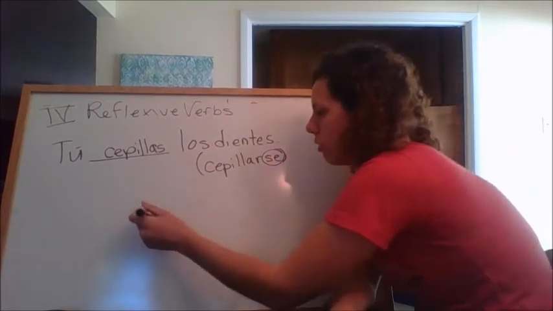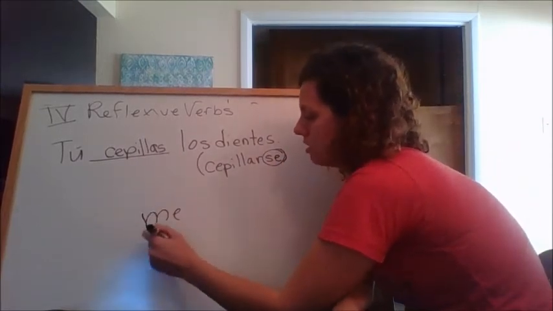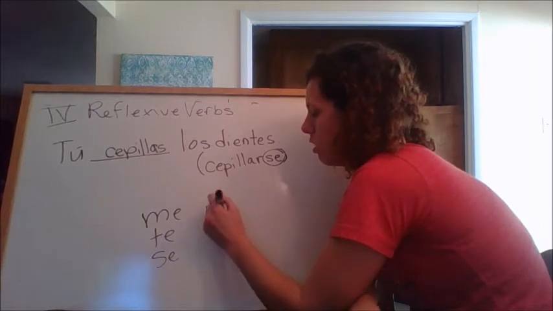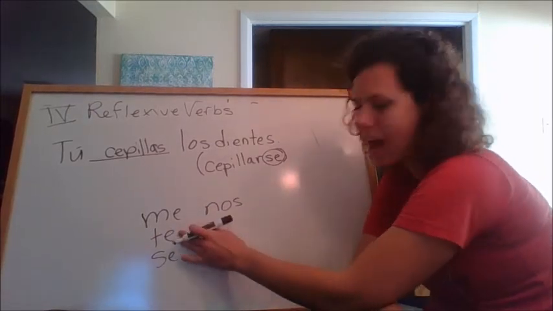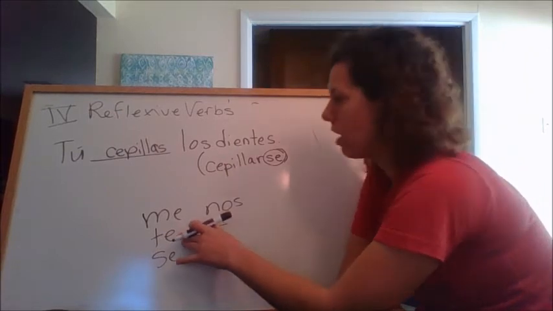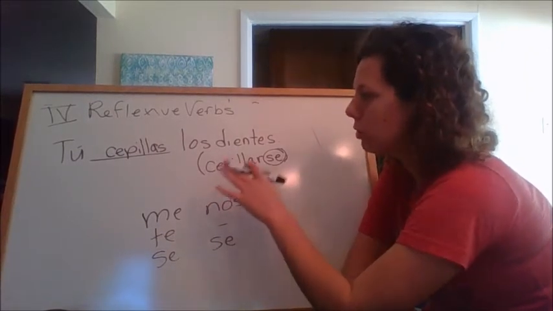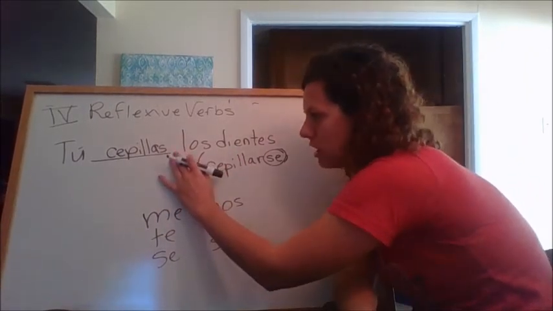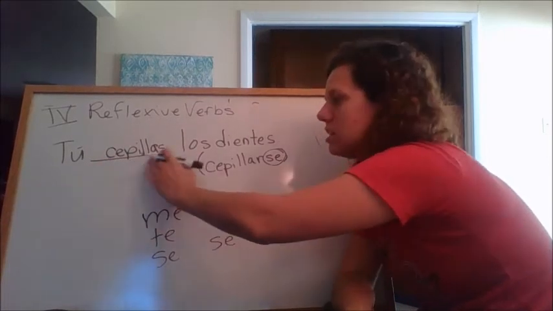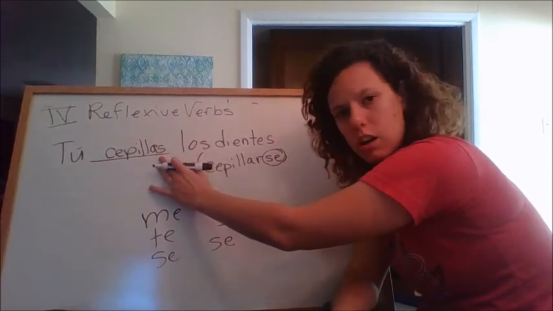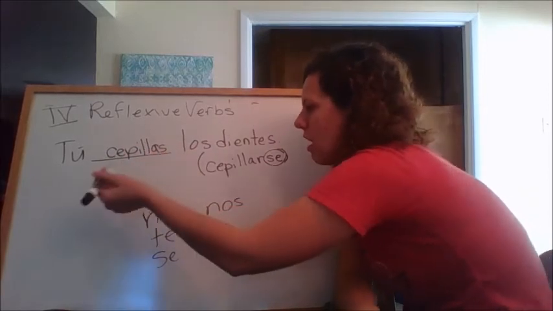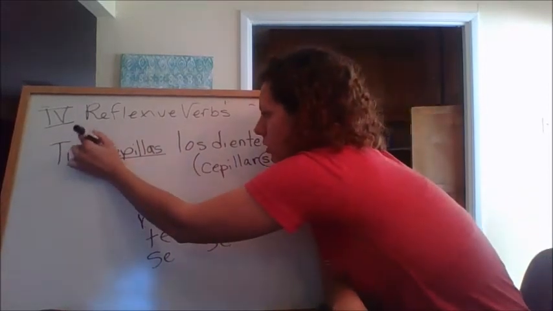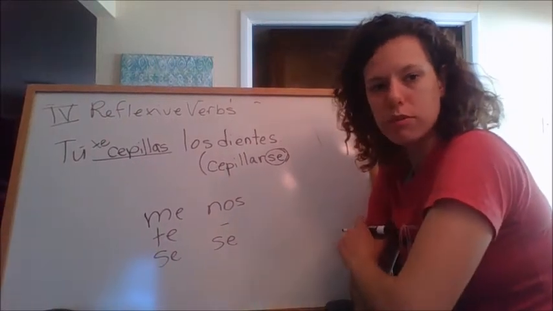My reflexive pronouns are me, te, se, nos, and se. So te has to be my pronoun. We have to decide where we're going to put it. Does it go after and attached? Does it go before? Since there's only one conjugated verb in the whole sentence, our pronoun has to go here, before the verb, okay?